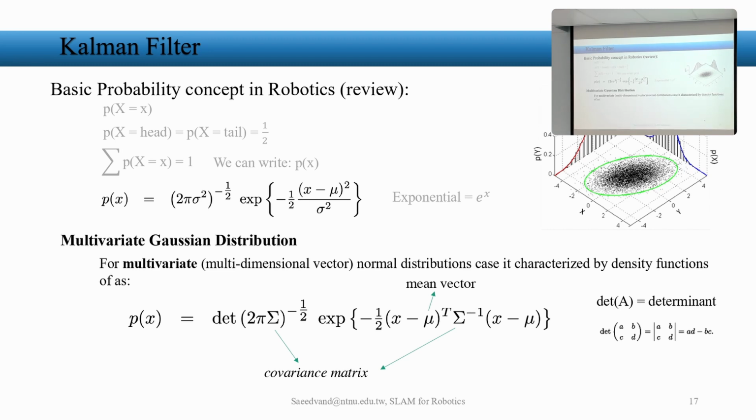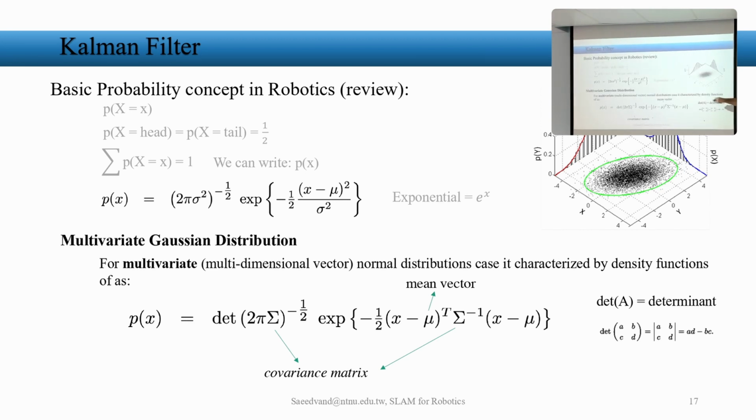But if you have two dimensions, it looks like this. And because the Kalman filter can work in multi-dimensional scenarios, we need to consider the multivariate Gaussian distribution. We discussed how this comes to the form of the multivariate Gaussian distribution. I explained this last week, and I'm not going to redo it.